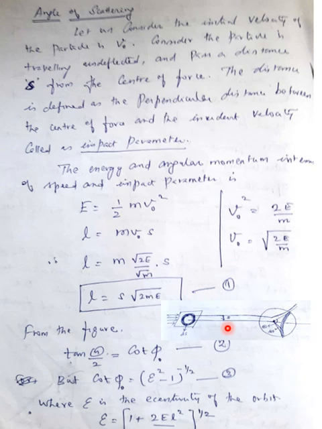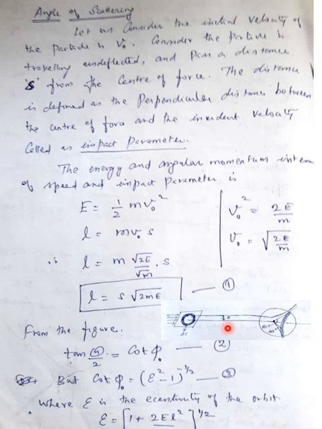From this figure, it is clear that tan theta by 2 is equal to cot pi naught. But cot pi naught is equal to epsilon square minus 1, whole power minus half, where epsilon is called the eccentricity of the orbit.